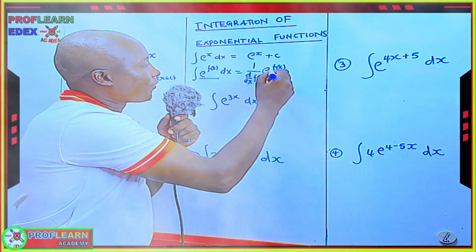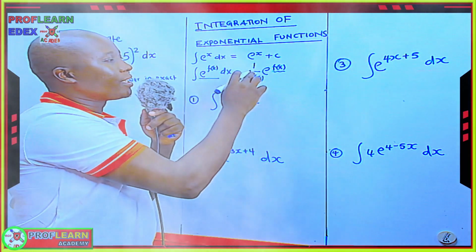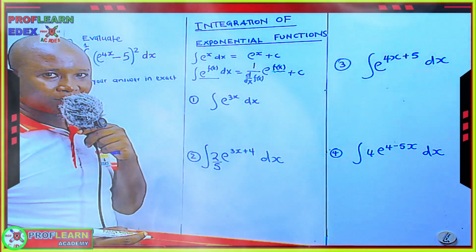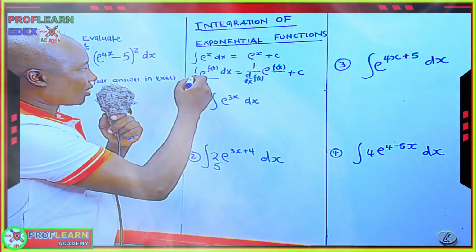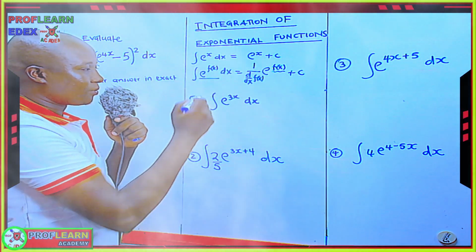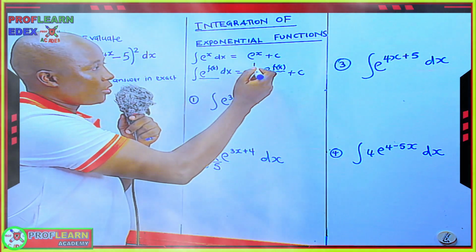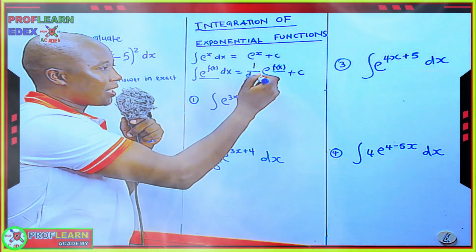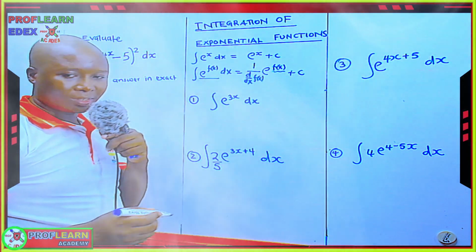So meaning, we are going to differentiate this power here, divide by it, and then we're going to say plus c. If you are given a function and you are integrating e to the f of x with respect to x, you are going to differentiate the power, divide it, then write the function the way it is.